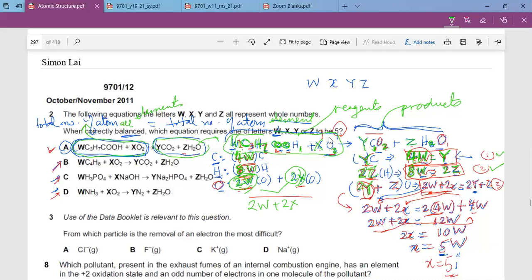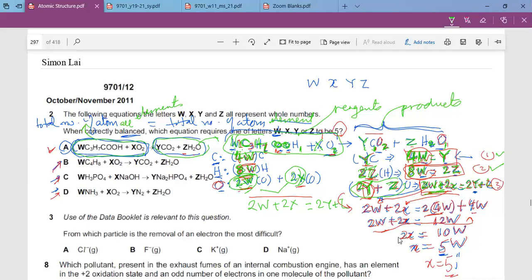And one mole of water has one atom of oxygen, so Z. So total 2Y plus Z. So 2W plus 2X equals 2Y plus Z. So that's equations 1, 2, 3.